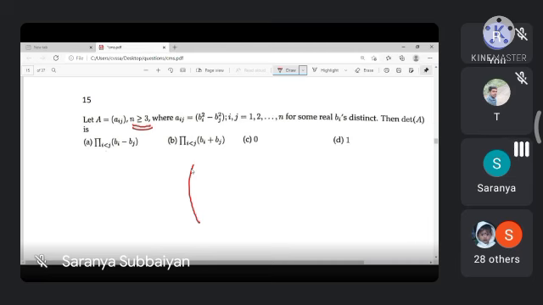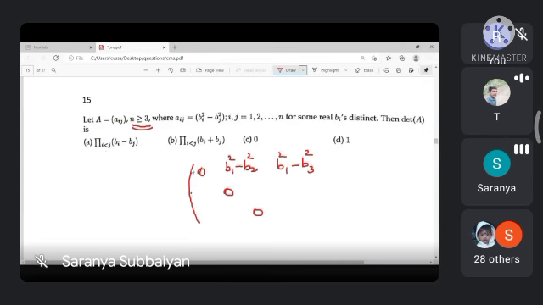So first A11 is b1 squared minus b1 squared, which is 0. So A22 is 0, A33 is 0, correct? Then A12 is b1 squared minus b2 squared, A13 is b1 squared minus b3 squared.